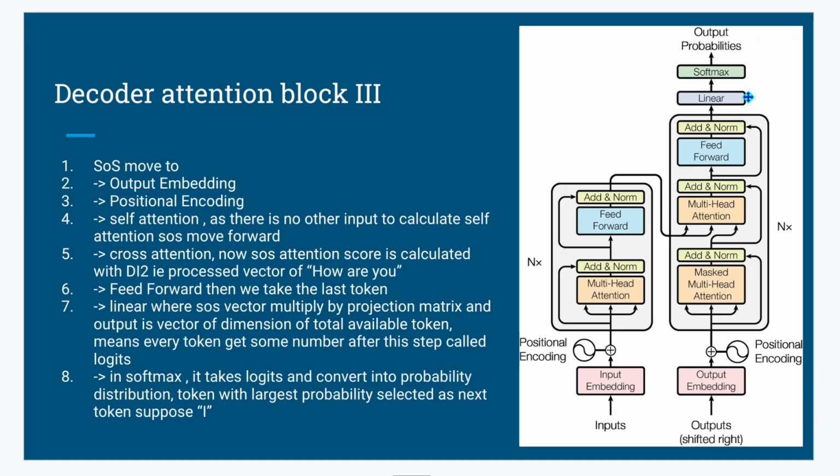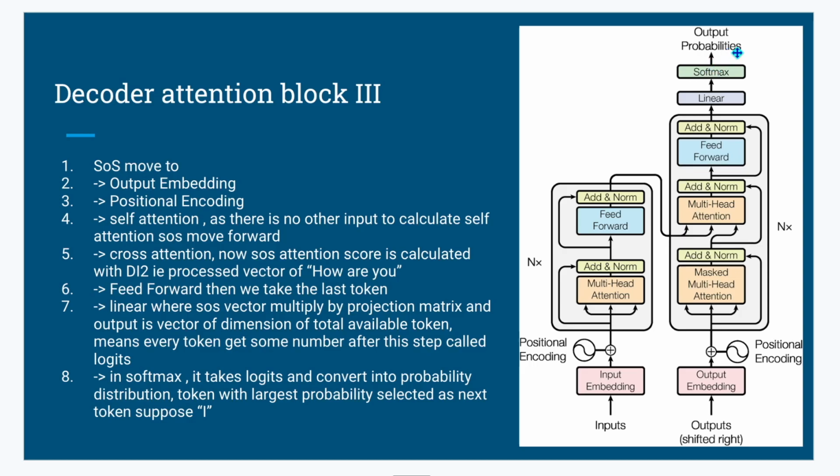After the last vector is multiplied by the projection matrix, we get an array of 30,000 numbers that we call logits. After converting into the logits, it goes to the softmax layer and is converted to a probability distribution.